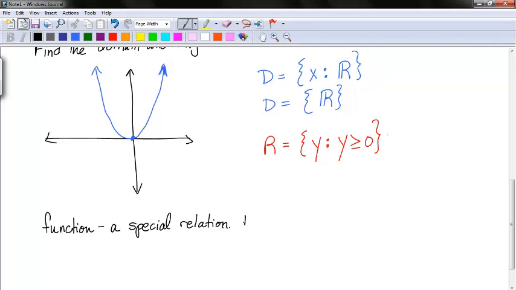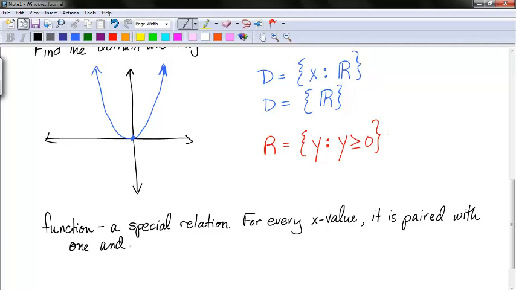The way I say it, for every x value, it is paired, you can say paired or mapped, with one and only one y value.